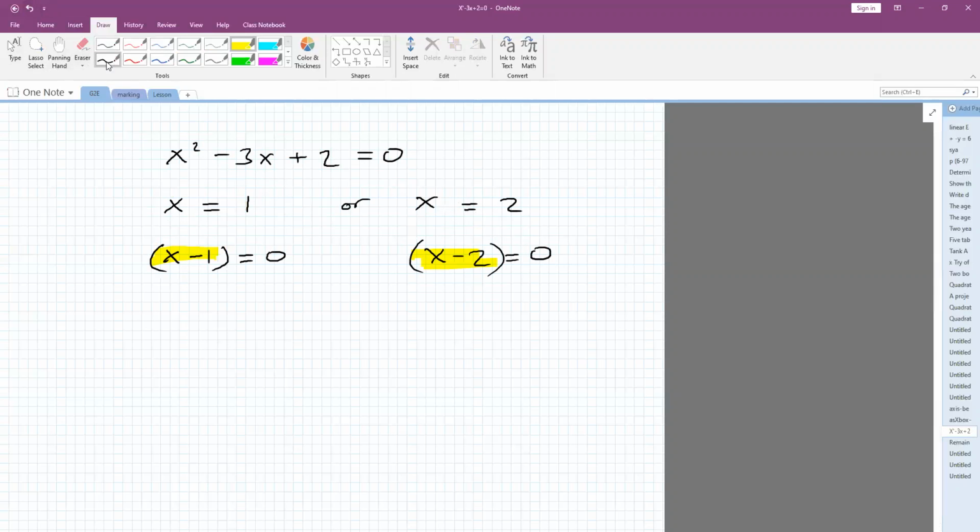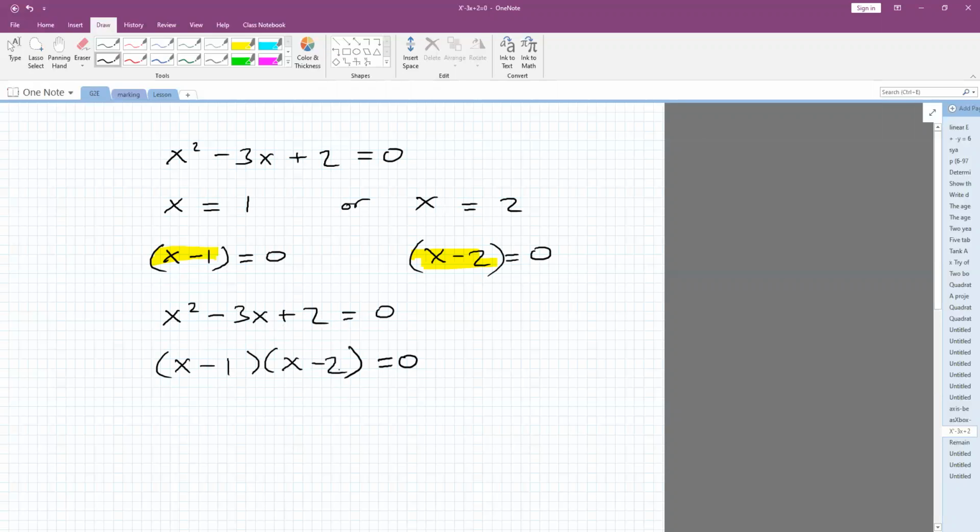Now what I want to show you is that when you have that quadratic equation, we can write it down into its factors. So you see, this x squared minus 3x plus 2 is just x minus 1 times x minus 2.